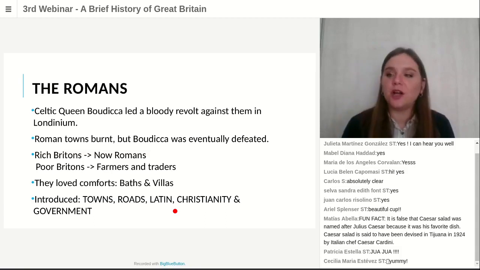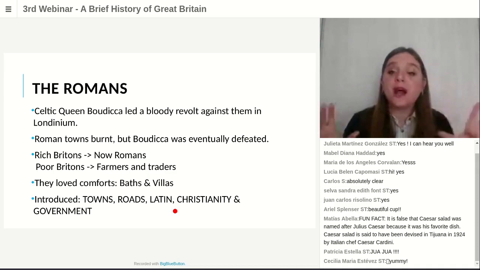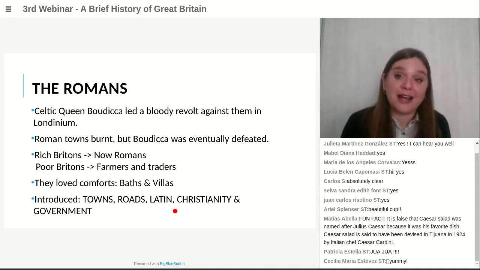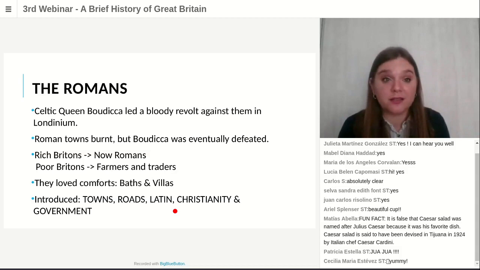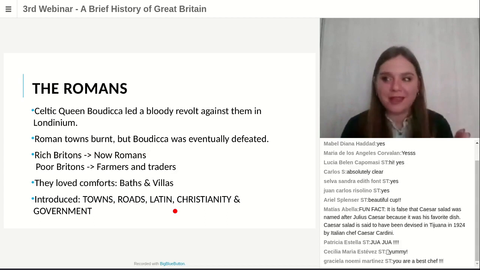Typical things about the Romans, they were extravagant, so that's why they had these fantastic towns, etc. They had these baths. If you have been to England, if you have the chance, or if you had in the past to visit the Roman baths in the city of Bath, or well, if you're planning to do so, definitely do so. They are amazing.